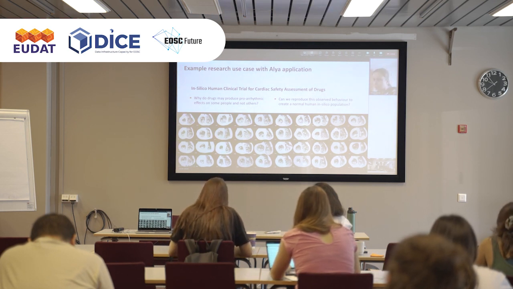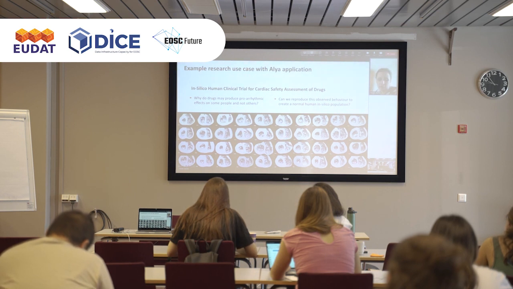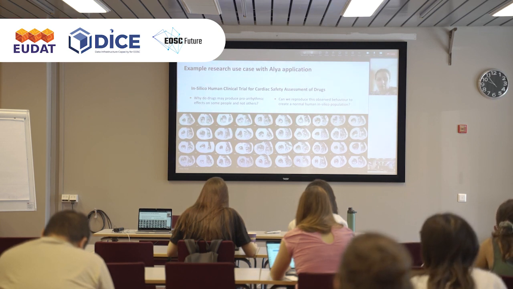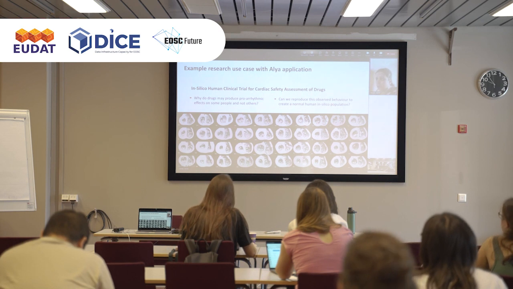It's becoming a bit clinical, I know, but from the clinical perspective, these questions are very important to answer in a safe way. They cannot just test some on humans, so they need models to be able to assess these hypotheses.